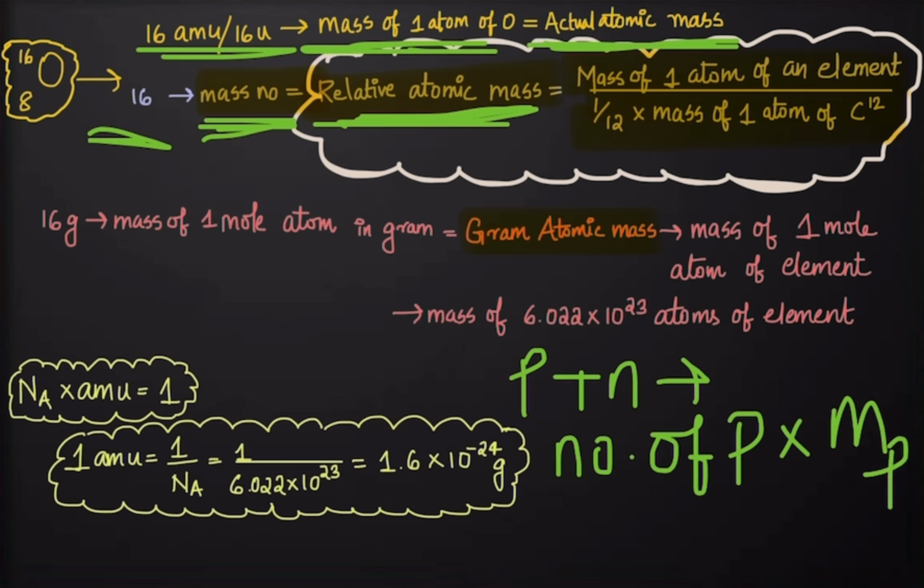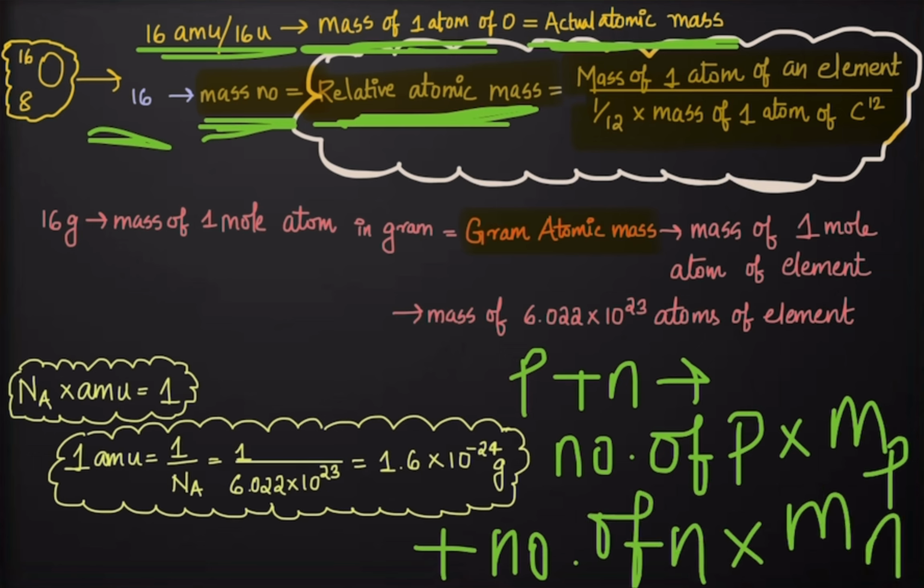Mass of one proton is equal to 1.6 into 10 raised to minus 27 kilogram. And plus number of neutrons into mass of neutron.